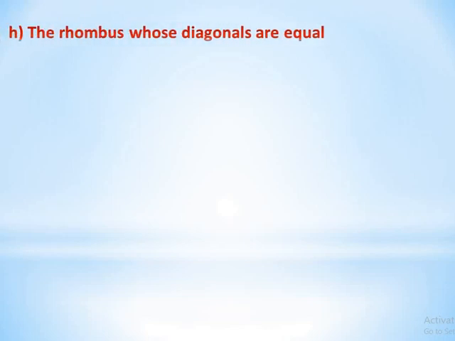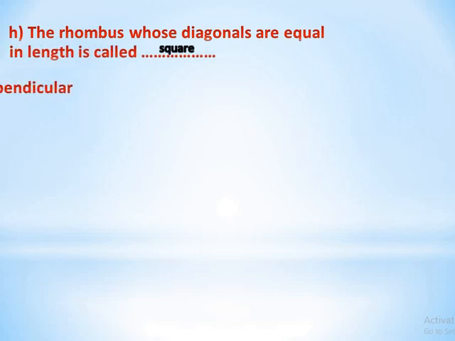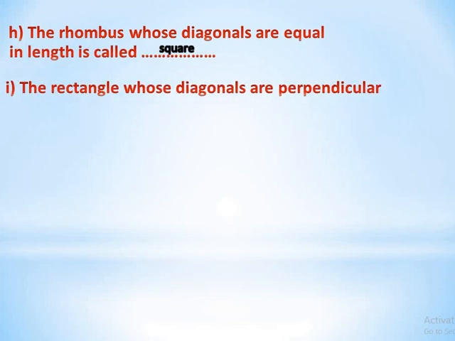The rhombus whose diagonals are equal: we said that if the diagonals are equal, it means all angles are equal, so here we talk about the square. Why didn't we say rectangle? Because a rhombus has equal sides. The rectangle whose diagonals are perpendicular is called a square.